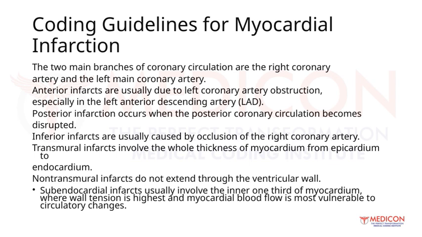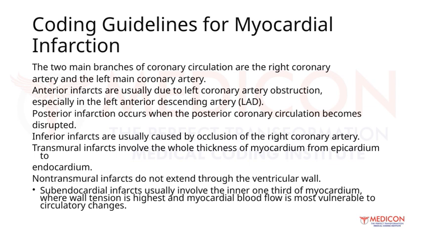Now, let's talk about the extent of the damage. Transmural infarcts involve the entire thickness of the myocardium, from the outer epicardium all the way to the inner endocardium. These are usually more severe because they affect the whole wall of the heart. In contrast, non-transmural infarcts do not extend through the entire ventricular wall. They are more superficial and tend to involve only part of the myocardium.